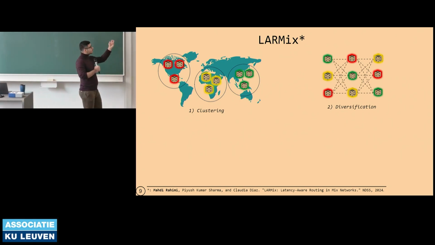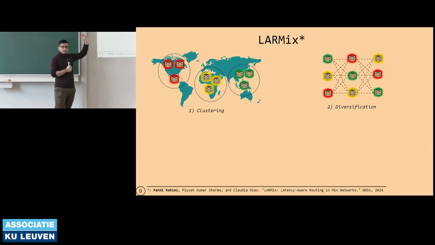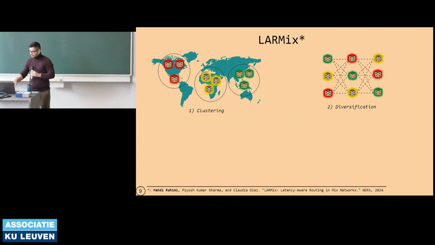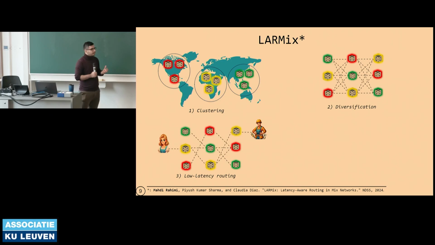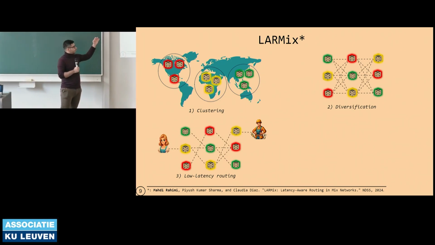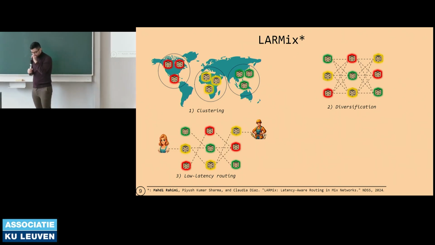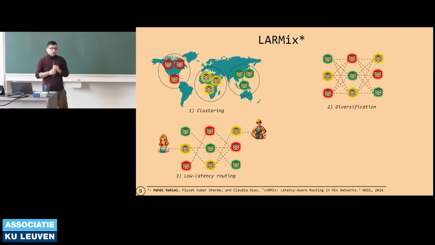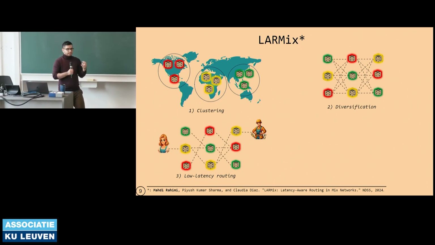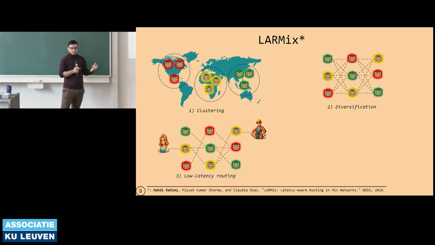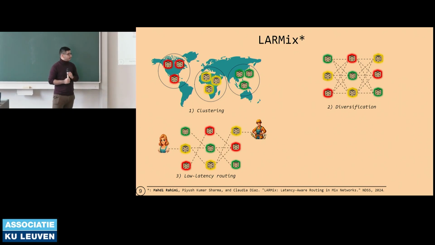That means, for instance, in each layer we have at least one node from each cluster, like the design you see there. It would be helpful because a client can forward her packets through a specific cluster's nodes, like for example the yellow, green, or red cluster. Or she can try to use nodes from clusters that are close to each other. In this case, we can lower the end-to-end latency. That was the main proposal of LARMix.